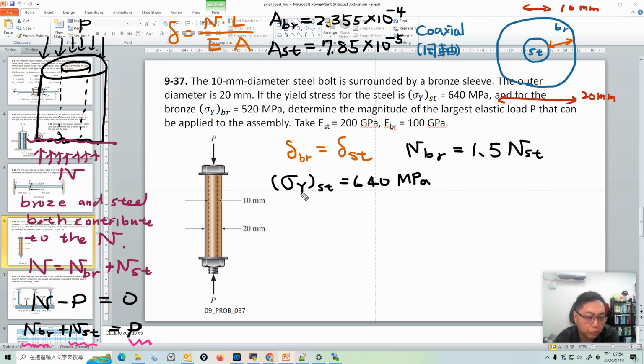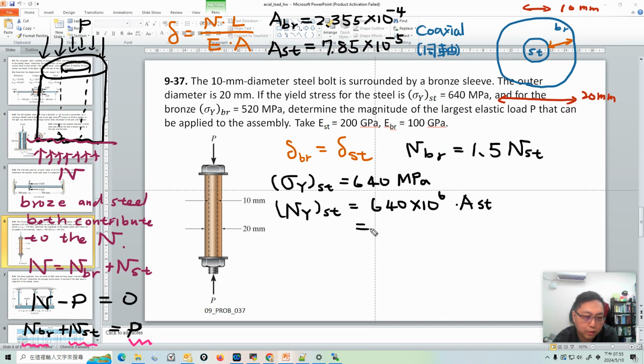So if the yield stress for the steel is this value, what's the maximum normal force in steel? The maximum normal force is the normal stress times the cross-section area, A_ST.